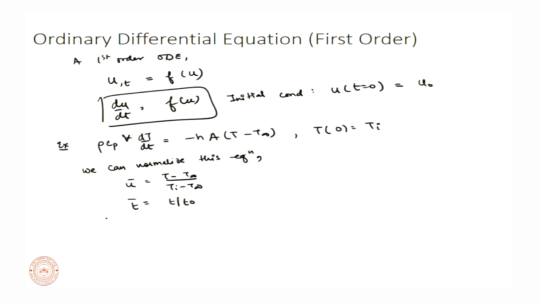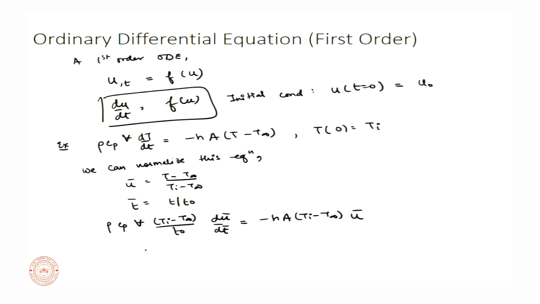If you substitute this into our expression, we will have rho Cp V (Ti minus T infinity) over t naught, du bar by dt bar, equals minus hA (Ti minus T infinity) into u bar.